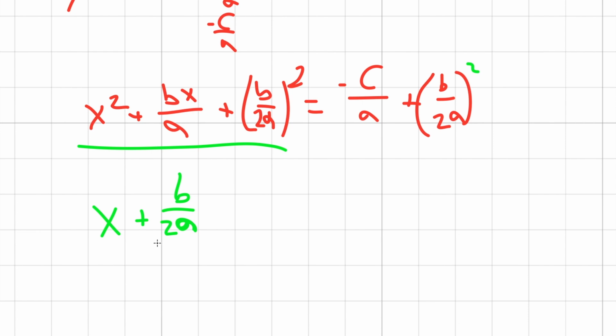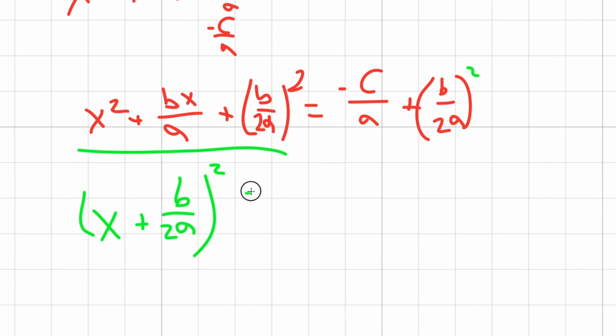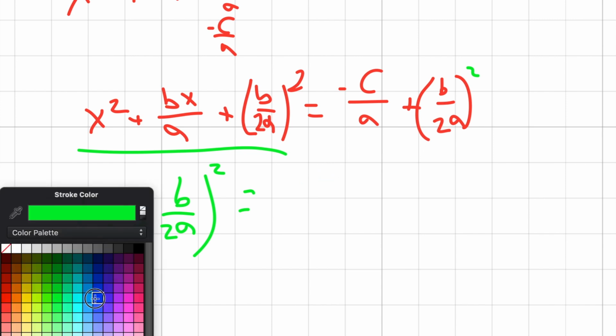Because that's how we complete the square: we just add x and the b term divided by 2, and then we square that. This is equal to, and I'm going to swap the order around so this b over 2a goes to the front, and I'm going to simplify that, so it's b squared, and I'm going to switch colors here because that is some darker color.